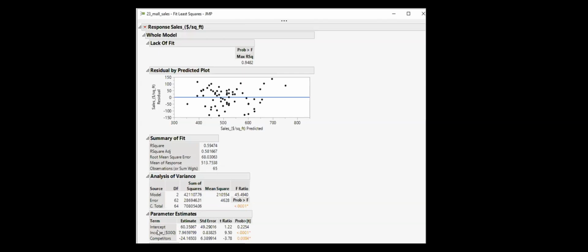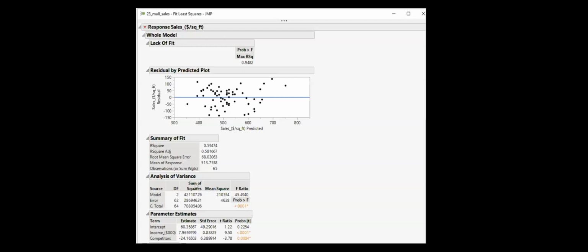The combination of these two, their variation explains about 59.5% of variation in sales. So variation in sales is actually influenced by the variation in income and competitors.